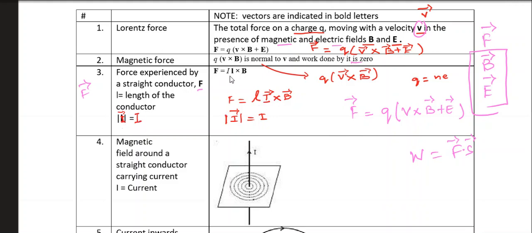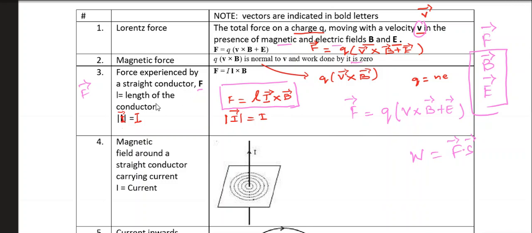Now, listen to me carefully, F is given by I into vector L cross vector B. What is vector I? That is the current vector. Please note it down. And what about B? B vector is the magnetic field vector.